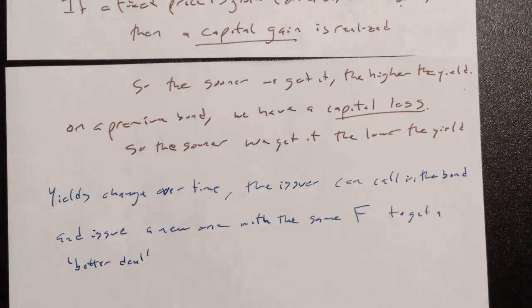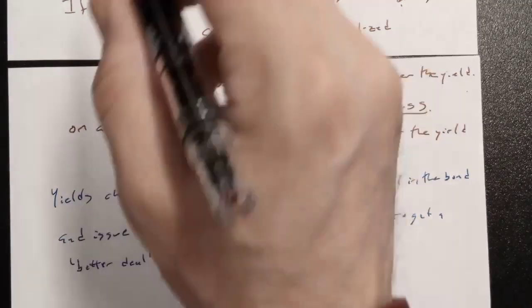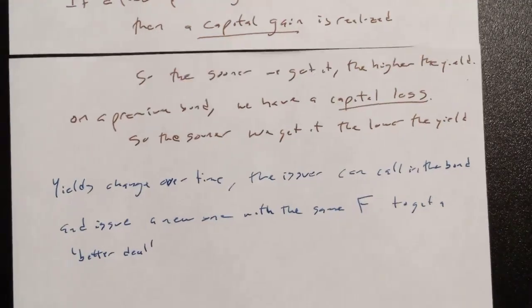If a yield is 9% at time 12, then, excuse me, a new bond has a different face value. We were just dealing with a bond of $1 million, right?